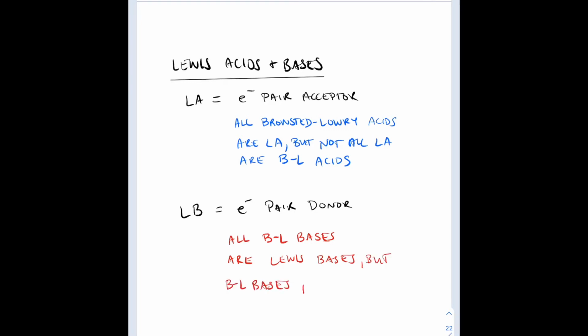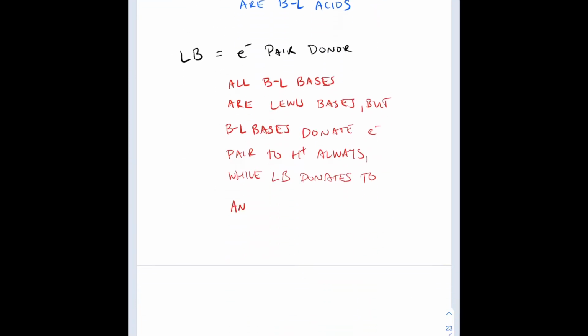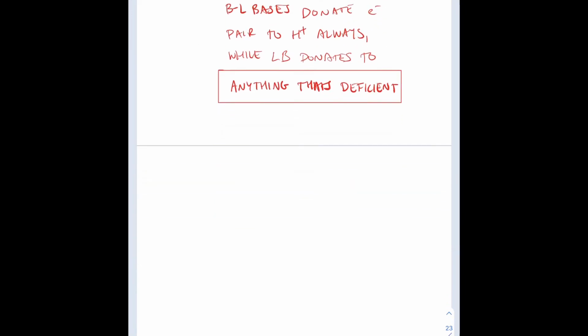Bronsted-Lowry bases donate their electron pair to protons always, but the Lewis base donates to pretty much anything that's electron deficient. And that's the distinct difference between a Lewis base and a Bronsted-Lowry base. Again, the Lewis base donates to anything that's electron deficient, right?